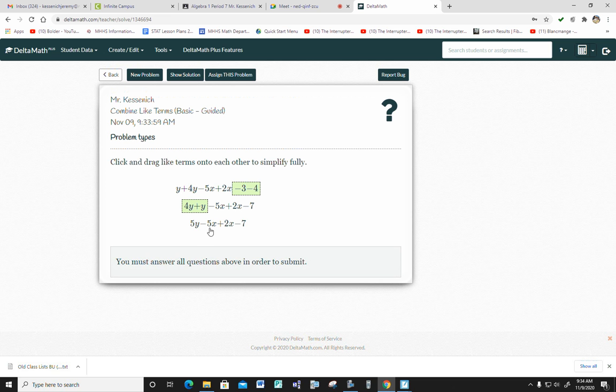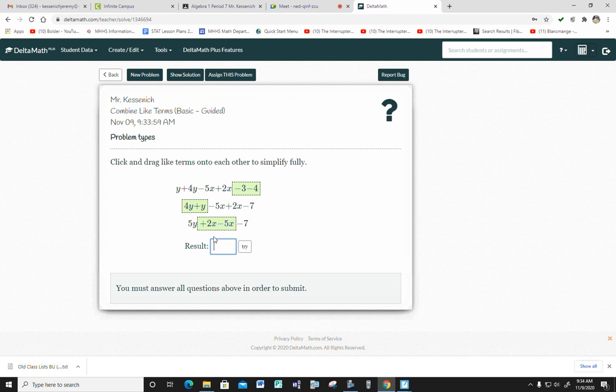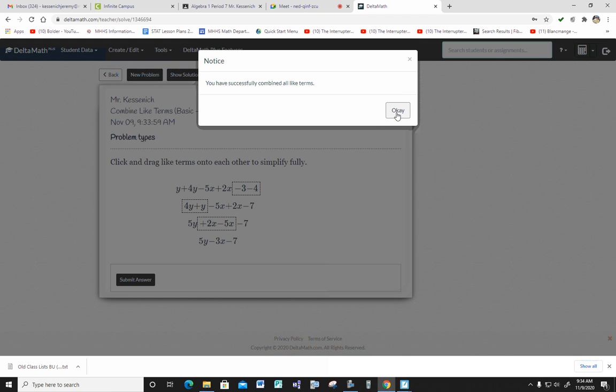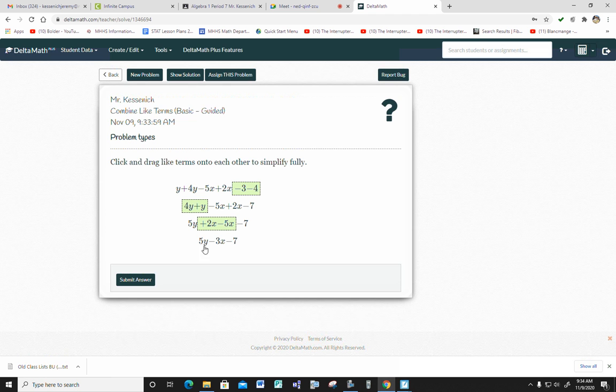Now I've got a couple x's to bring together. I have minus 5x and 2x, or 2x minus 5x would be minus 3x. And it tells me I successfully combined all like terms, so that's finished.